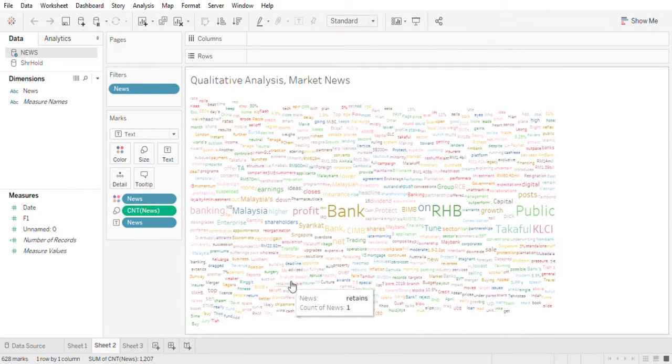And Tableau gives the themes of the last few years related to the 6 stocks that we have selected, and we are trying to analyze and evaluate using various tools.